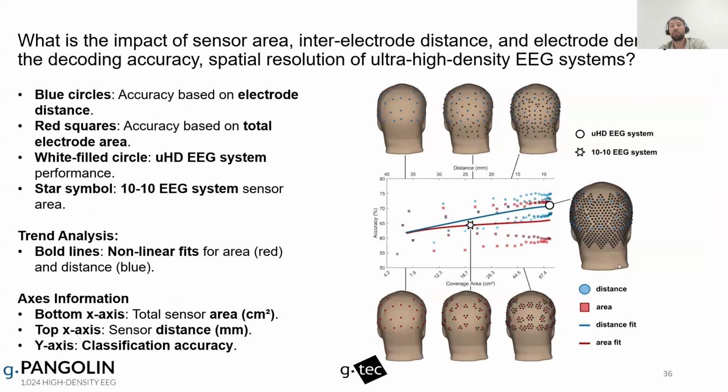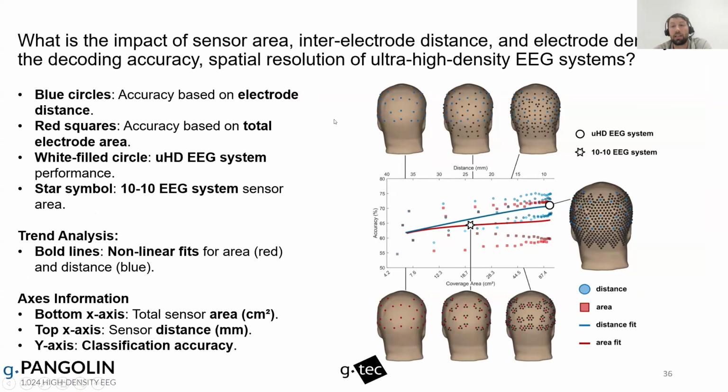And as another sub-analysis, we wanted to know what is actually the difference in impact of sensor density and the sensor area. Of course we know that our Pangolin electrodes have less exposed sensor area compared to standard EEG electrodes, and we wanted to see what impacts the performance more, increasing density or just increasing the area.